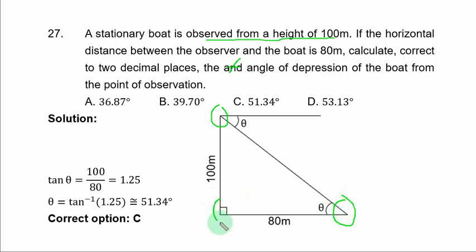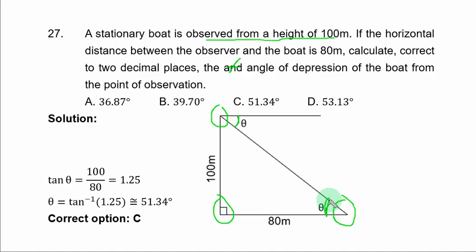Now you have the base of the observer. The distance from the boat is 80, and the height is 100 meters. So this angle of depression cannot be calculated directly until you get the angle of elevation, and the angle of elevation is always equal to the angle of depression.